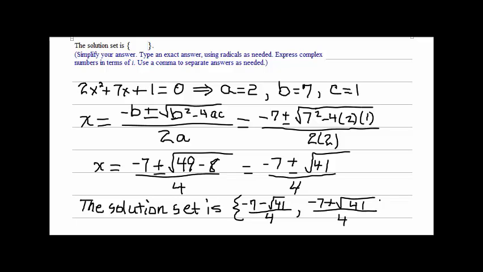If the problem asks you to do so, then you find an approximation of these two values. So this is how I would use the quadratic formula to solve this equation.